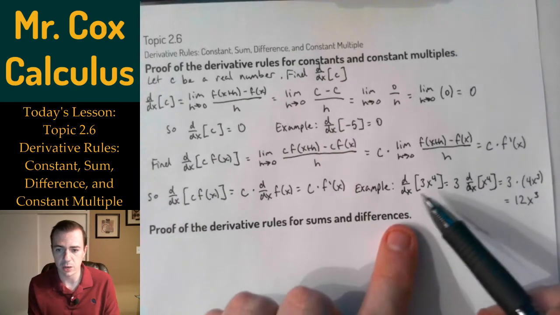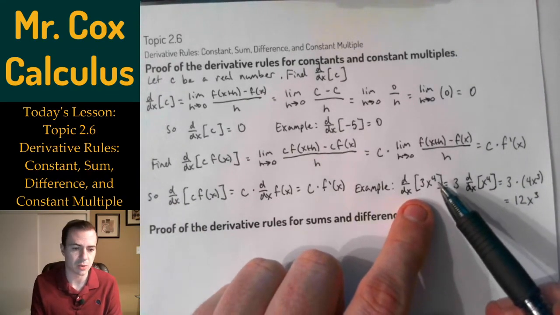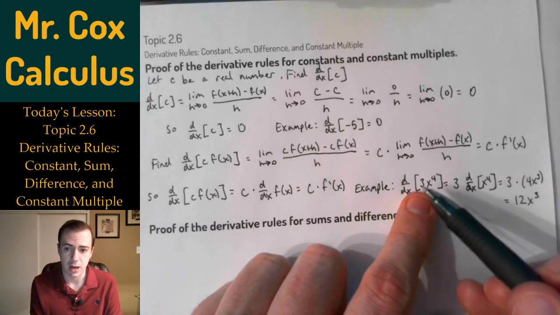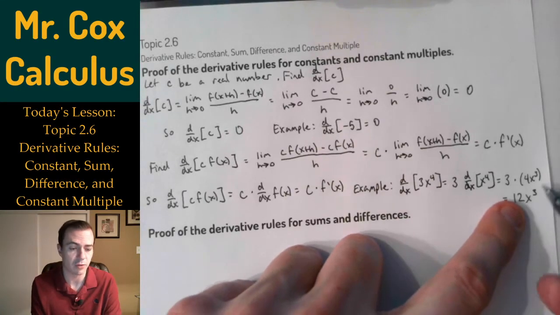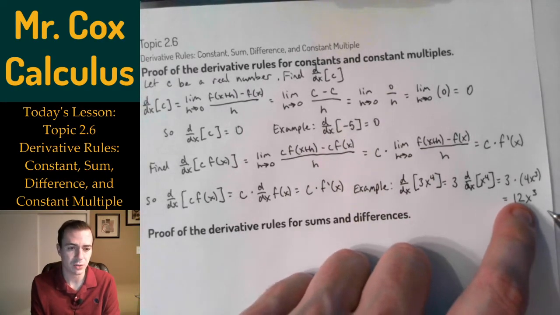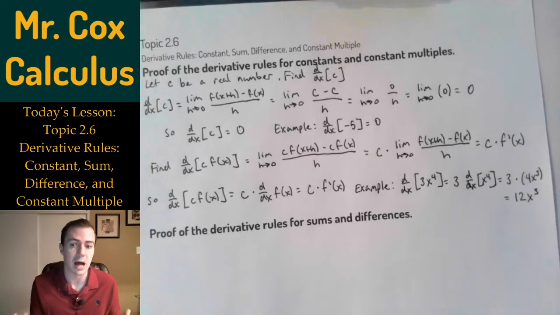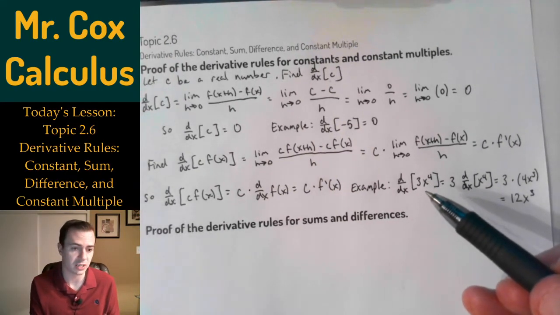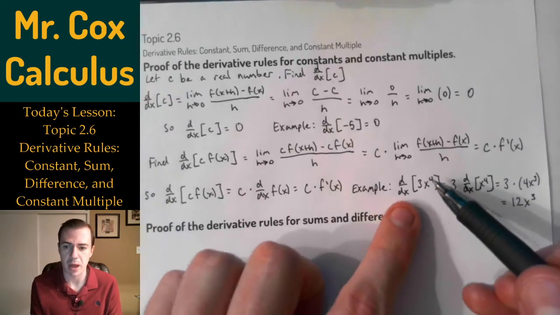And if you look at what we started with and really understand what the power rule is saying, you can look at this 3x to the fourth, take the power 4, multiply it times 3 to get 12, and reduce the power by 1. So in terms of how we apply this constant multiple rule, it's really just an extension of the power rule, if you will.